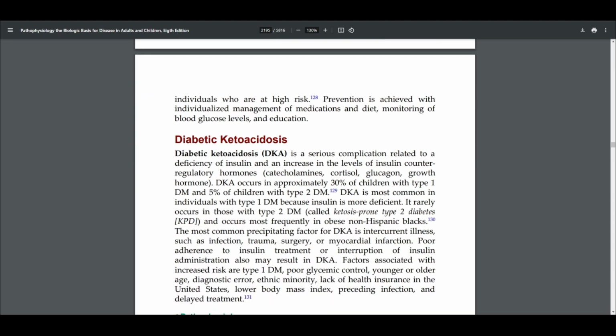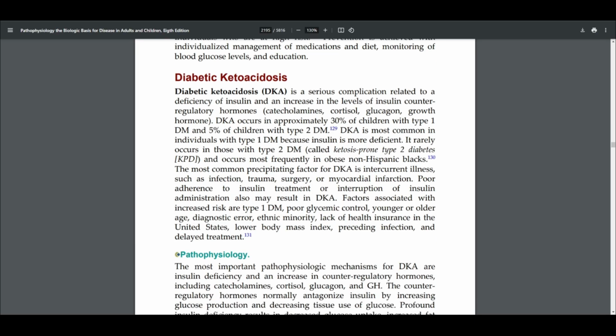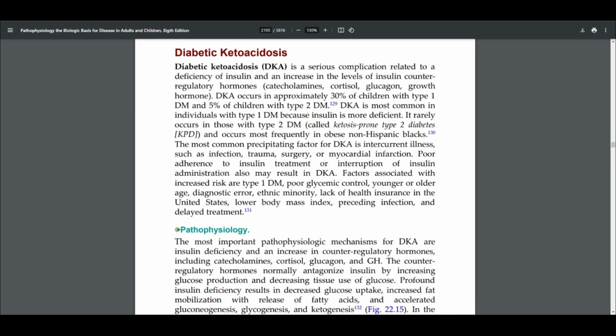So that makes us now jump back into the high end of things: diabetic ketoacidosis. Diabetic ketoacidosis is a serious complication related to a deficiency of insulin and an increase in the levels of insulin counter-regulatory hormones, your catecholamines, cortisol, glucagon, growth hormone.